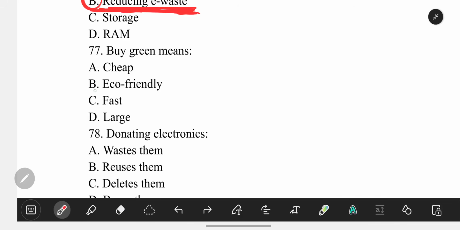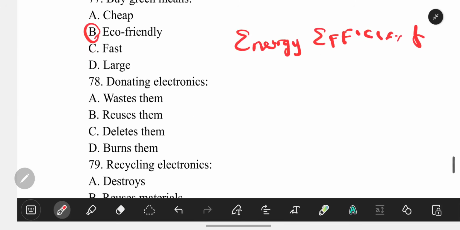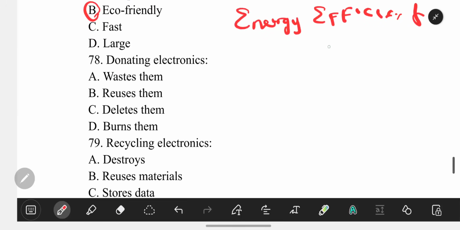So buying green means you are choosing materials that have less energy requirements or are energy efficient, meaning they use energy properly. So we have energy efficient and all that.